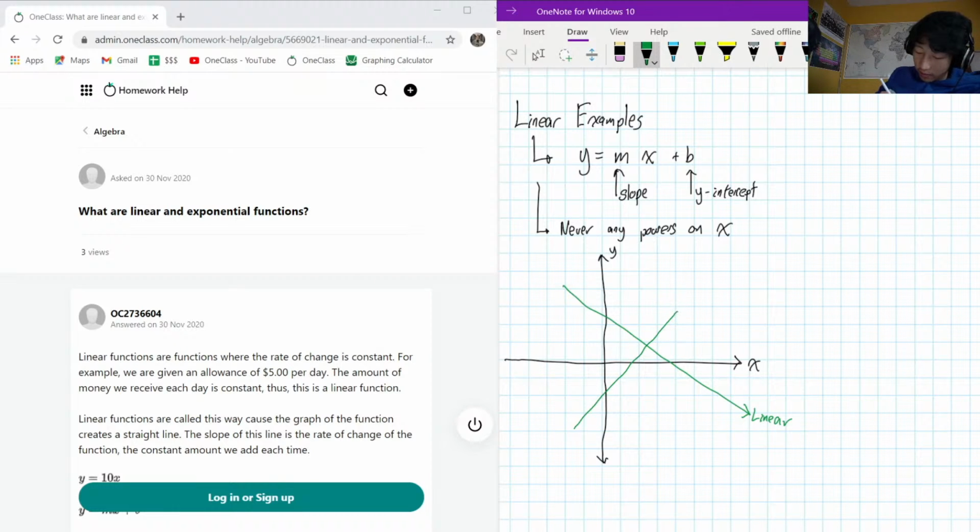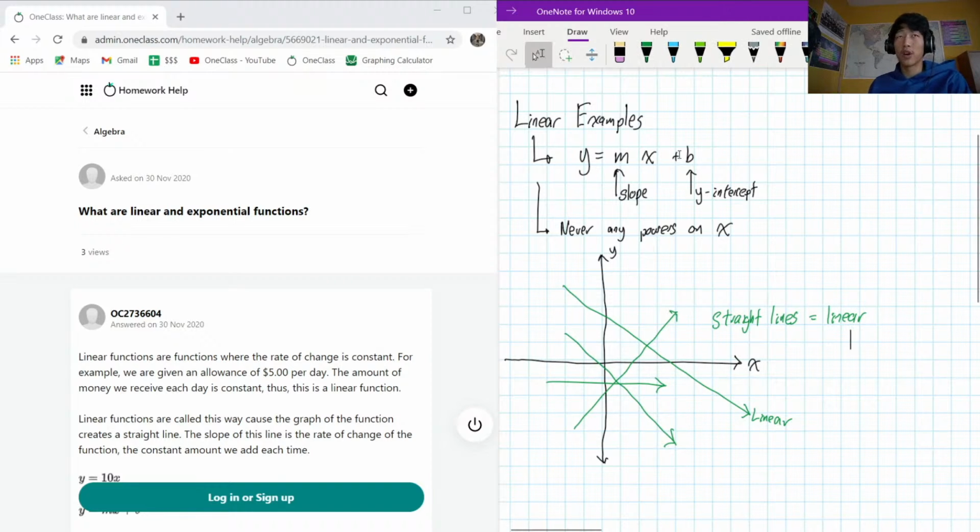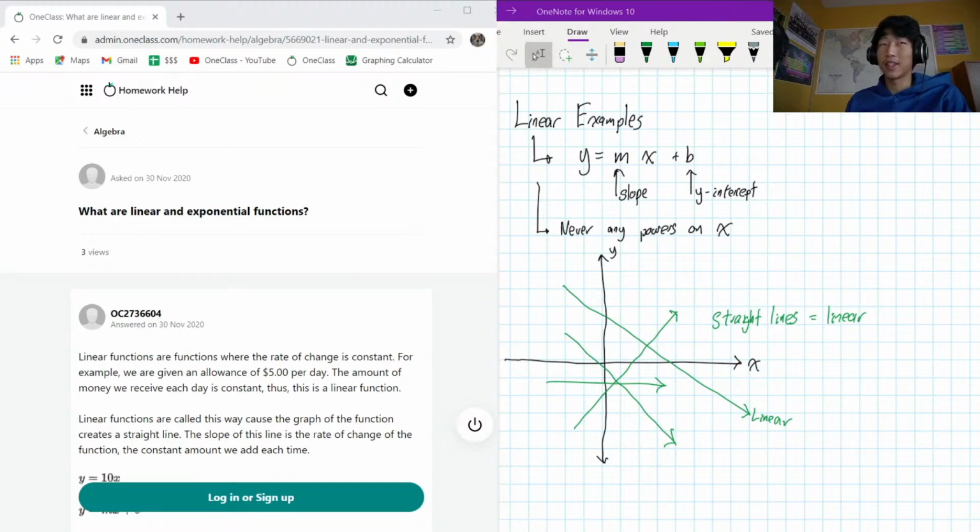Just like here would be a linear. Here would be a linear. And here would be a linear. Straight lines equal linear. Okay, that should be the key characteristic that you're looking for when you're doing this type of analysis. If you see a straight line, you're linear. That's it. Okay, it really is that straightforward.